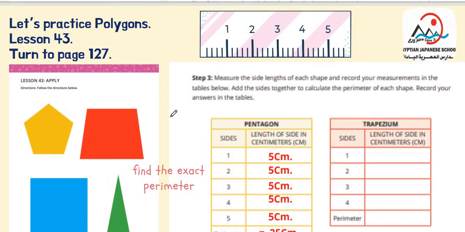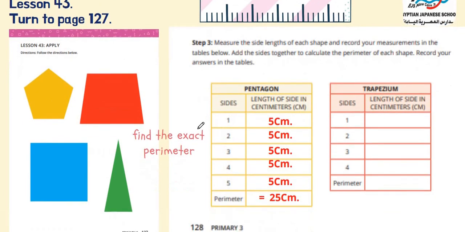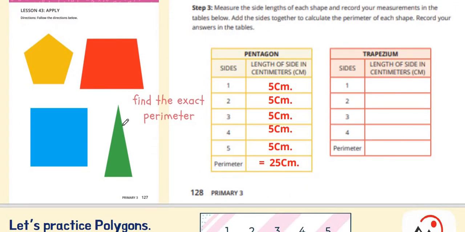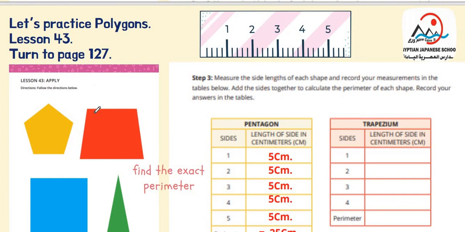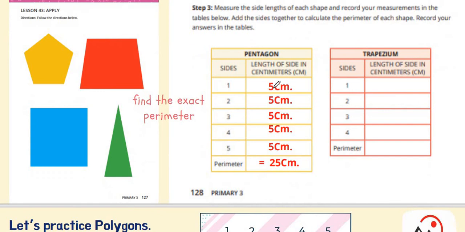For the exact perimeter, we will use real tools. Okay, Miss Shema, here we will use our ruler and measure each side, and write the exact length of each side here.